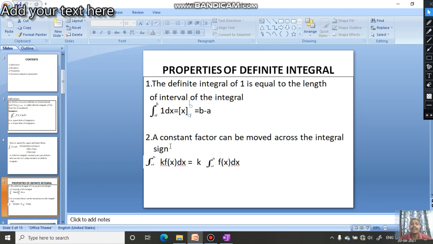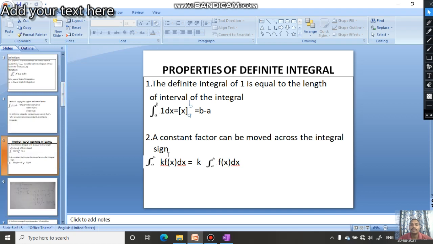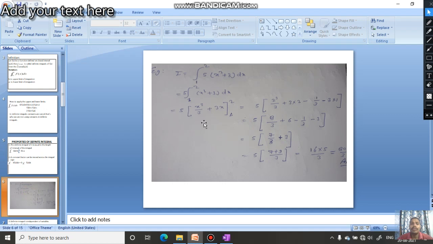The second property: a constant factor can be moved across the integration sign. In this property, we simply take the constant out of the integration. I am solving one example on the second property.